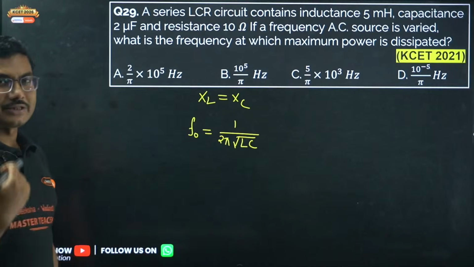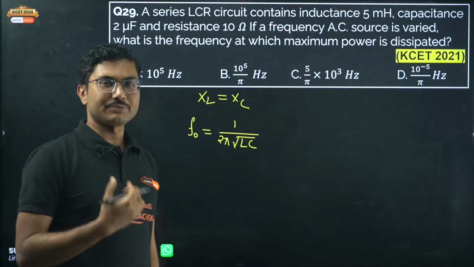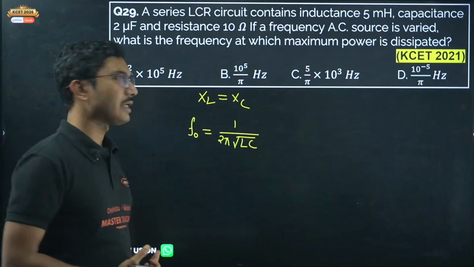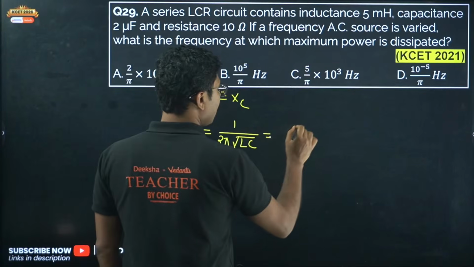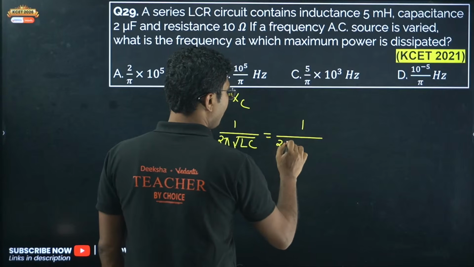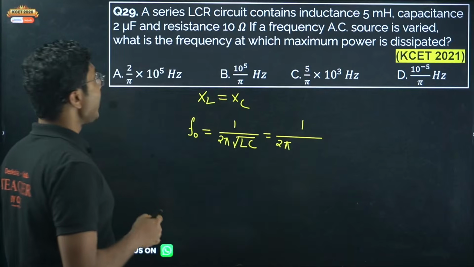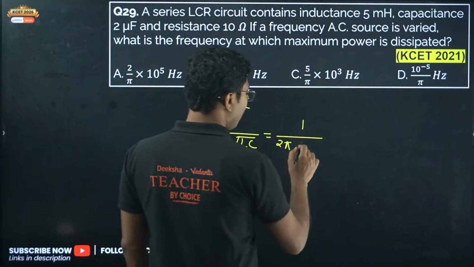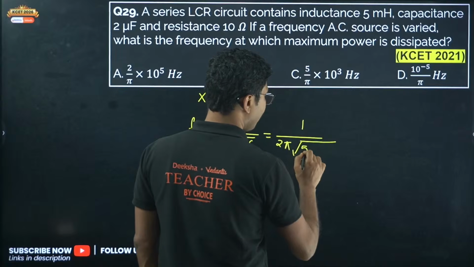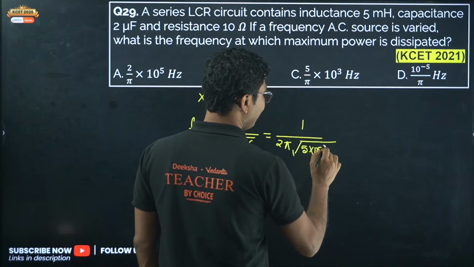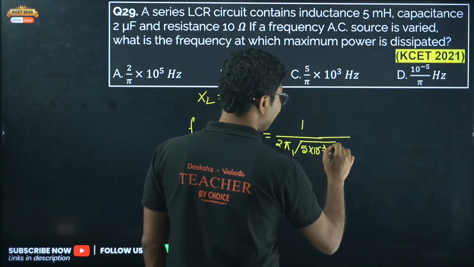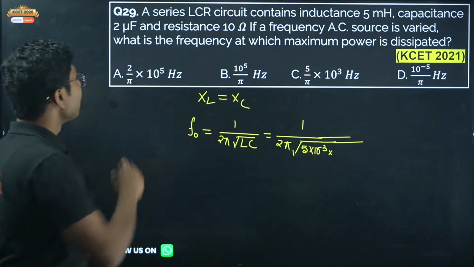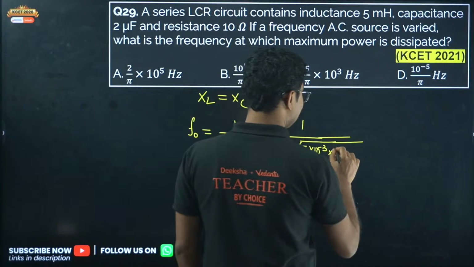So as you can see, resonance based concepts are repeated continuously in KCET, right? So 1 by 2 pi, L is 5 millihenry. Milli means 10 to the power of minus 3, and micro means 10 to the power of minus 6.